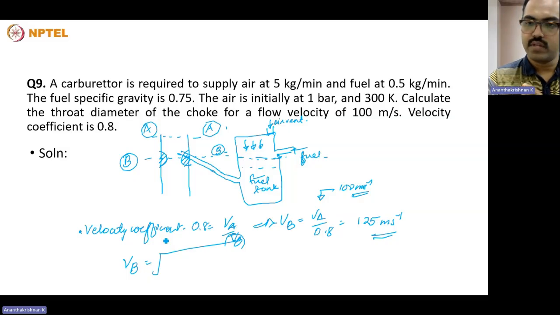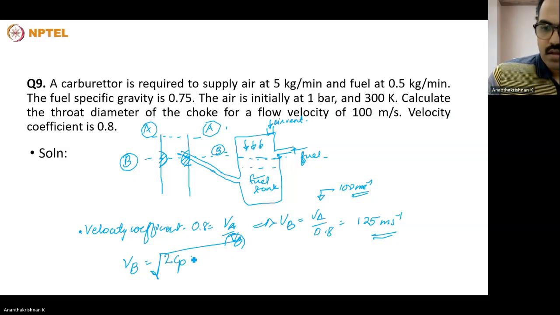So we can take into account the pressure of point B and point A. The equation which we have seen in the lectures is basically equating the kinetic energy and the enthalpy change. So that will be equal to 2Cp into TA multiplied by 1 minus the pressure ratio between point B and point A, raised to gamma minus 1 divided by gamma.